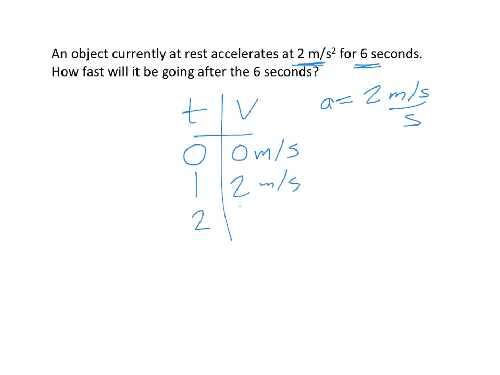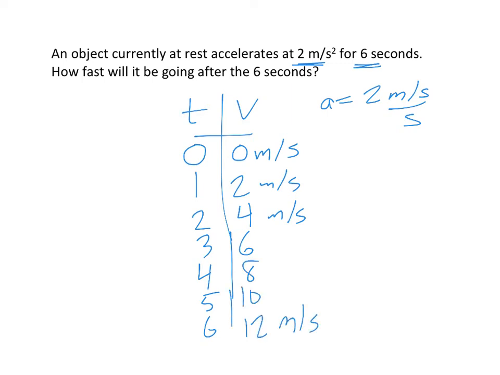Another second later, it will gain another 2 in its velocity. It'll be going 4. And so if I continue this for 6 seconds, it'll be going 6, 8, 10, 12 meters per second after 6 seconds. So its final velocity would be 12. It accelerated at a rate of 2 meters per second per second. And there's a way to do this with a formula we'll get into later, but for now I just want you to understand the concept.